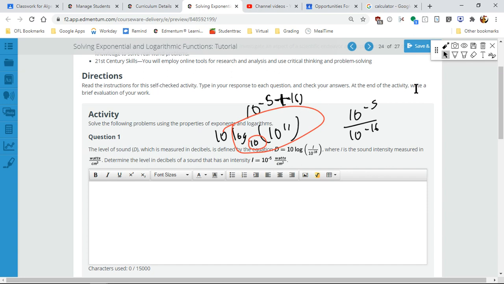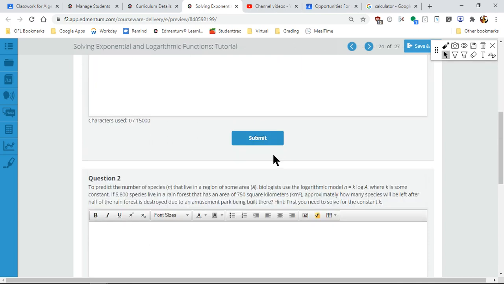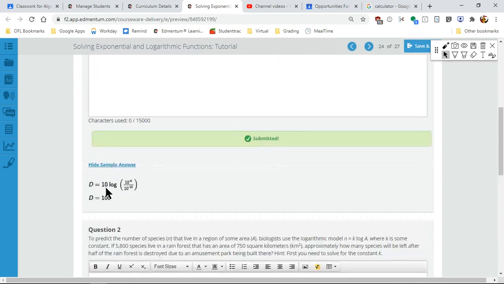So in other words, we're just saying 10 times 11. Let me do this in black because I'm talking about the 10 on the outside. So this all ends up turning into just 110. So this should just end up being 110. And if we submit it, we can see that right here.